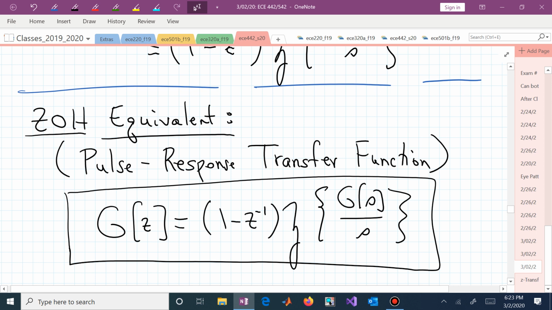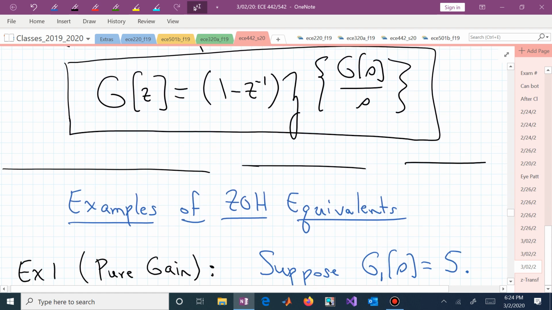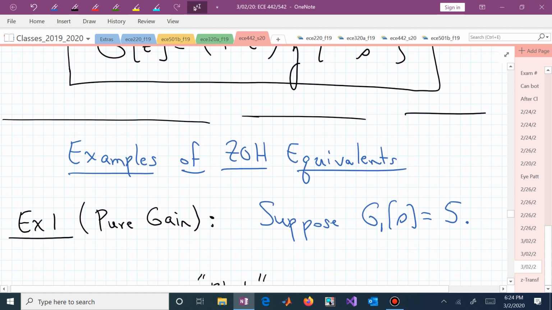And we can rewrite that 1 minus Z to the minus 1 in terms of positive powers of Z, because that's 1 minus 1 over Z, or that's the factor Z minus 1 over Z. But for consistency with a lot of sources, this is how you might see it described. Zero order hold equivalent, boom, it's this. Let's now do that for some examples.